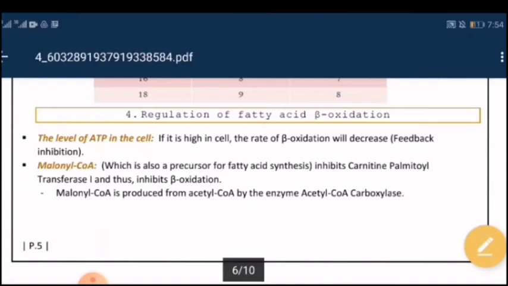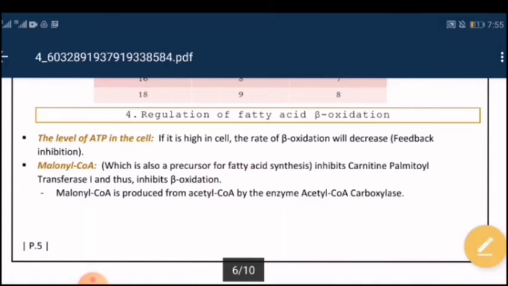Again, this step is regulated. The first regulatory signal is the level of ATP inside the cell. If the ATP is high, the rate of beta oxidation will decrease because we do not need energy. So, no need to exhaust the cell producing energy.